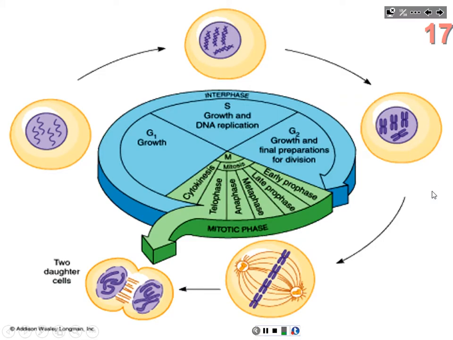So in looking at this illustration, the blue part of this cycle is interphase. The green part is going to be the mitotic stage, okay? So let's look at that. The first part of interphase is G1. So where did the cells come from when they went into G1?